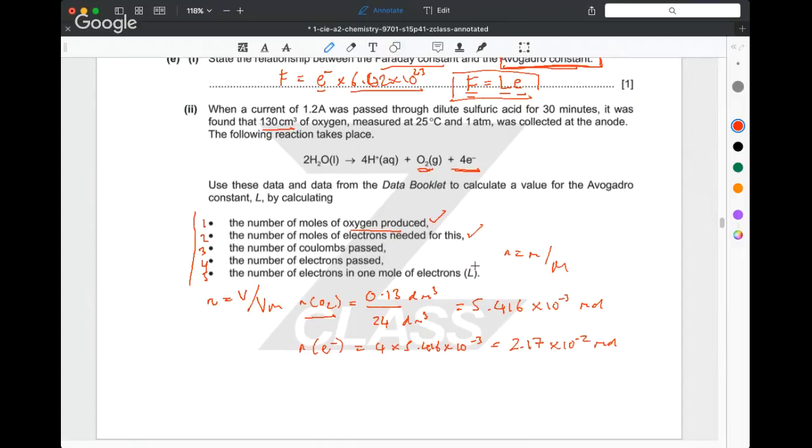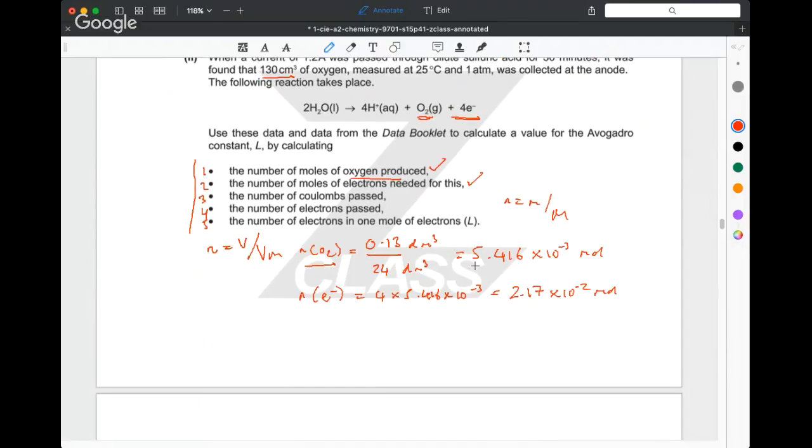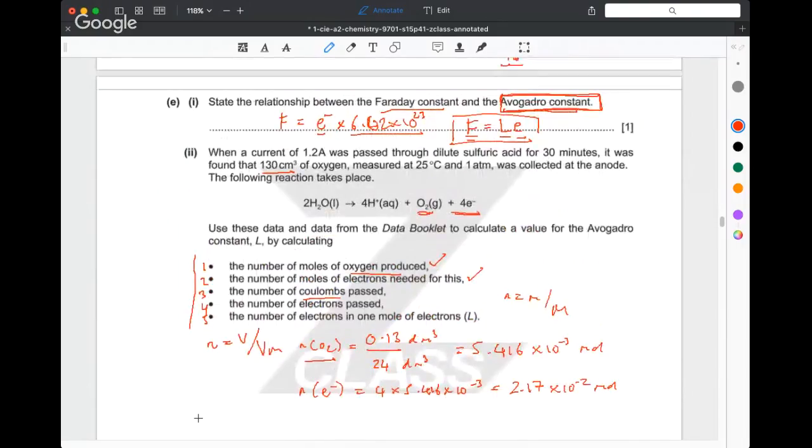Okay. Now, this next one, the number of coulombs passed. Okay, that one there. So 1 coulomb is the amount of charge when you've got 1 amp that passes a point in 1 second. Now, you didn't do this for 1 amp for 1 second. Instead, you did 1.2 amps for, well, we've got to work out seconds here, haven't we?